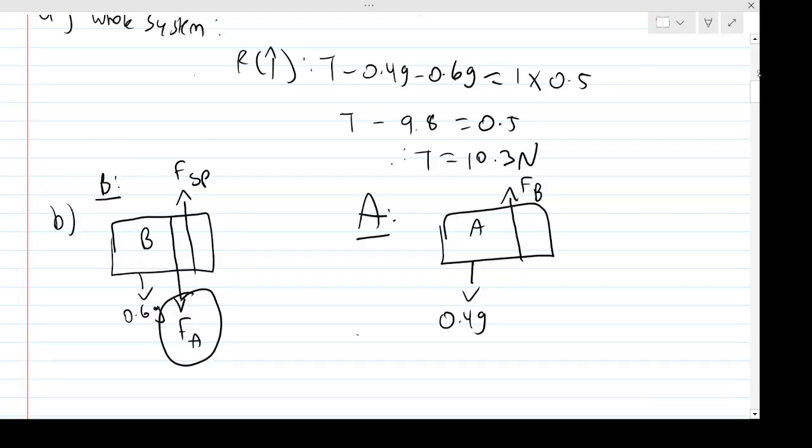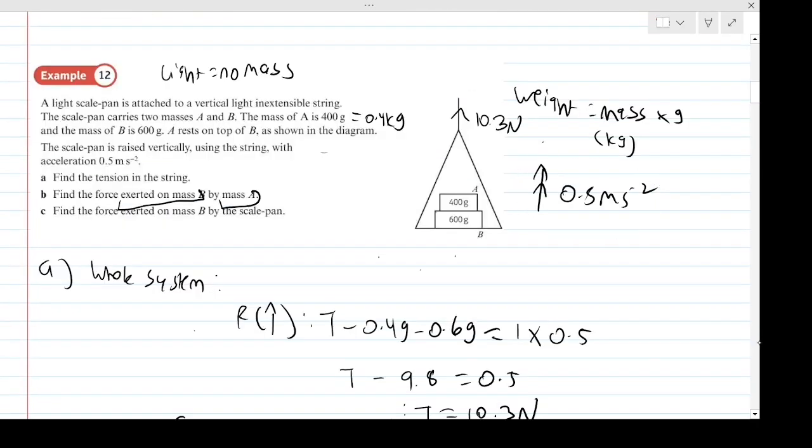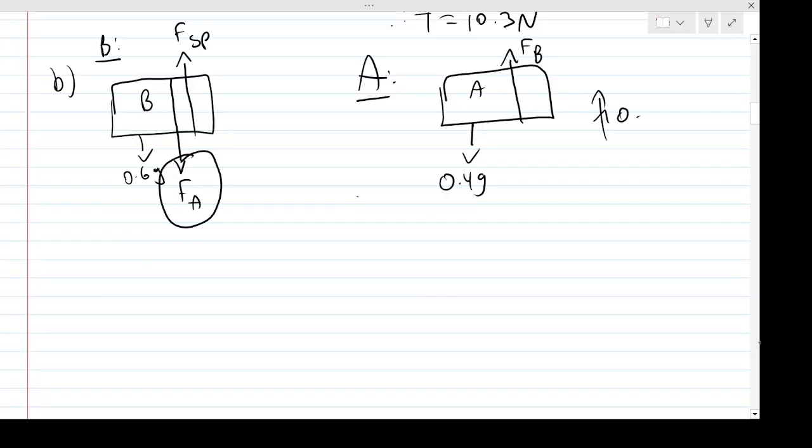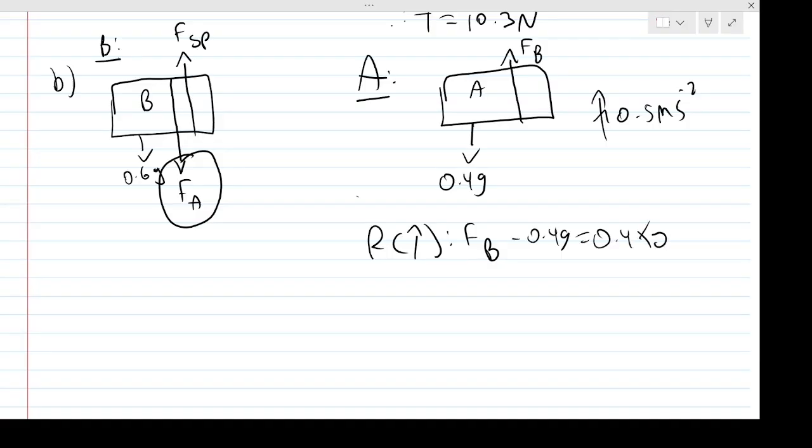Now, again, it's accelerating upwards at 0.5. Now, I need to work out what F of B is, right? So if I resolve upwards, that's going to be F of B, the force created by B, take away 0.4 G, equals MA. Well, A is 0.4 for mass, so 0.4 times 0.5. So F of B, take away 0.4 times 9.8 for G, is going to be 0.2.